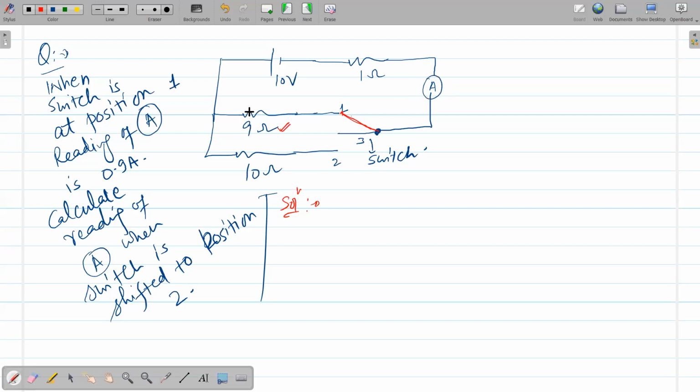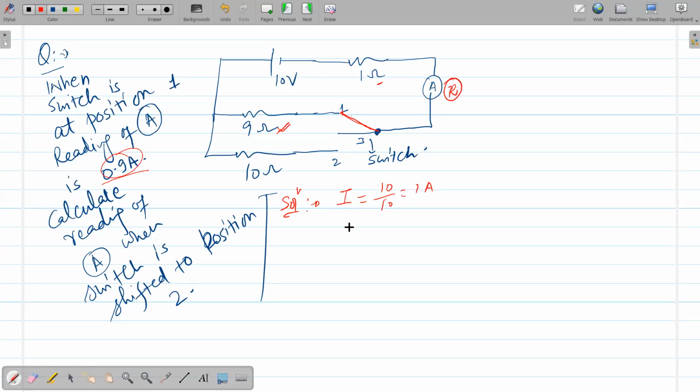Because when the switch is in position 1, the resistance in the circuit would be 9 ohm plus 1 ohm means 10 ohm. So the current that should pass in the circuit is 10 by 10 means 1 ampere, right? But the current given is 0.9 ampere. So definitely this ammeter must be having some resistance in it.